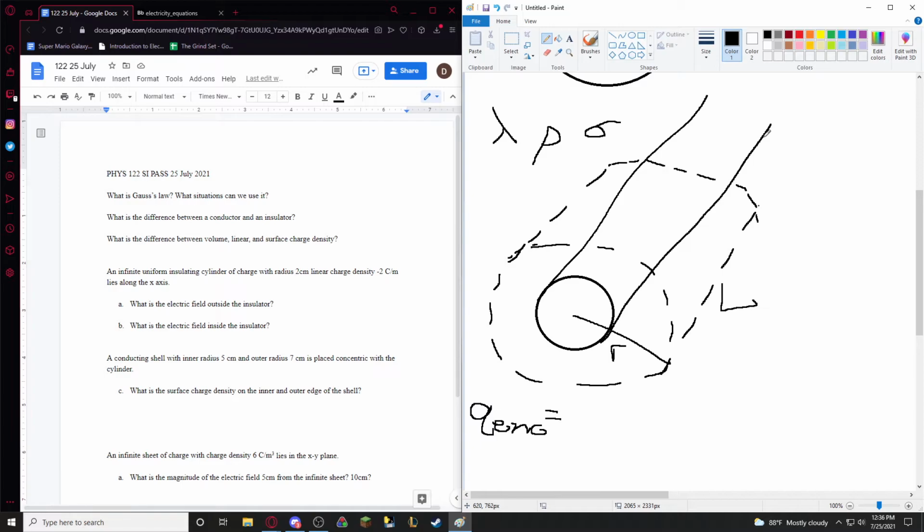Okay. What's our charge density? Linear charge density is Q over L. So if we have that, which is lambda, wouldn't we just have to multiply it by the length to get the total enclosed charge?